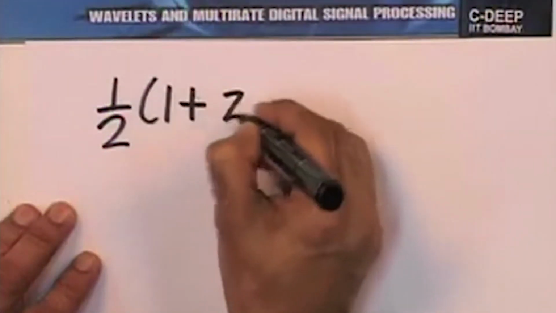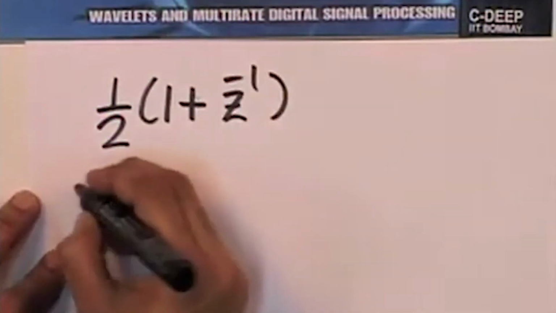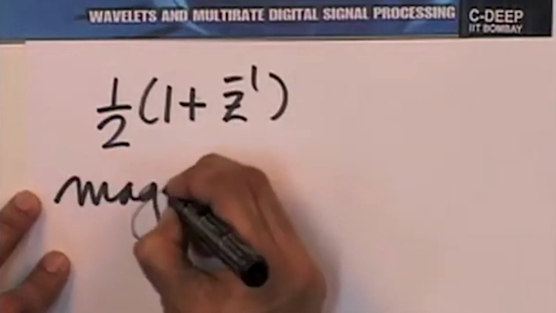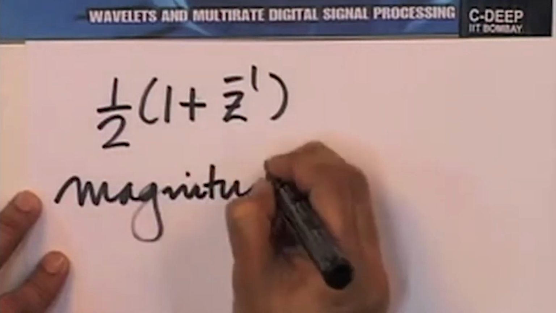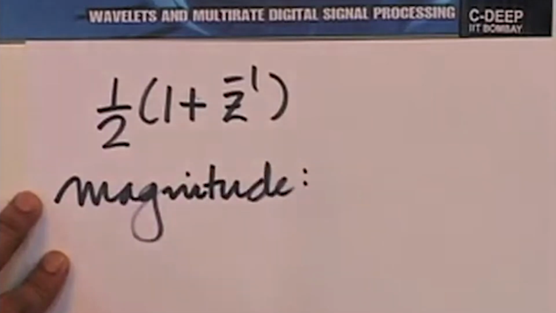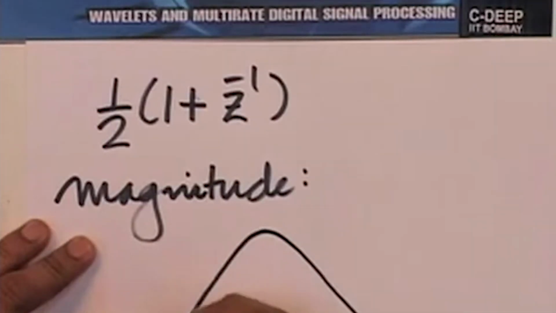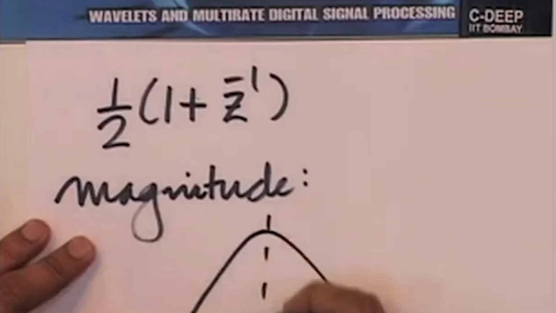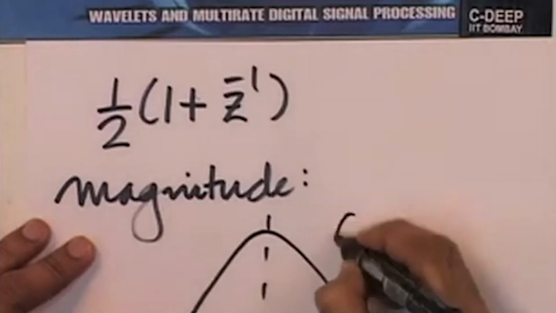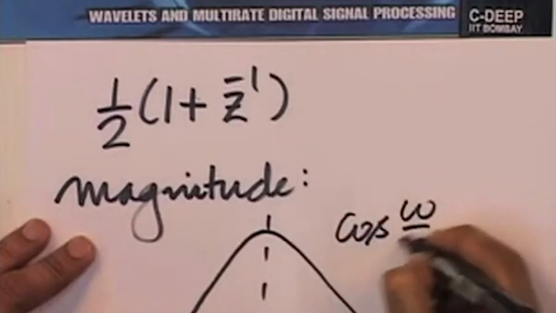So, the situation is for the filter half 1 plus Z inverse, the overall magnitude response should look like this, between minus pi and pi, I mean. Essentially mod cos omega by 2.